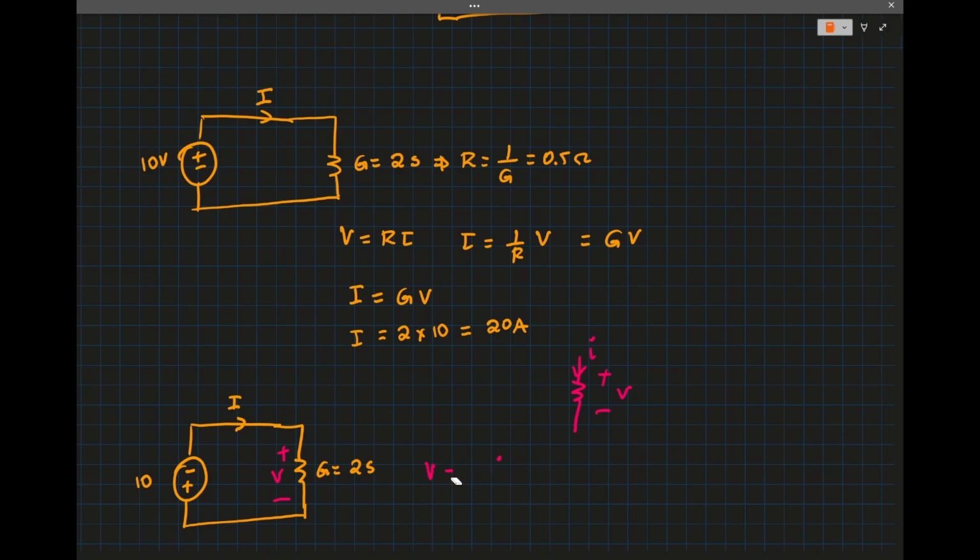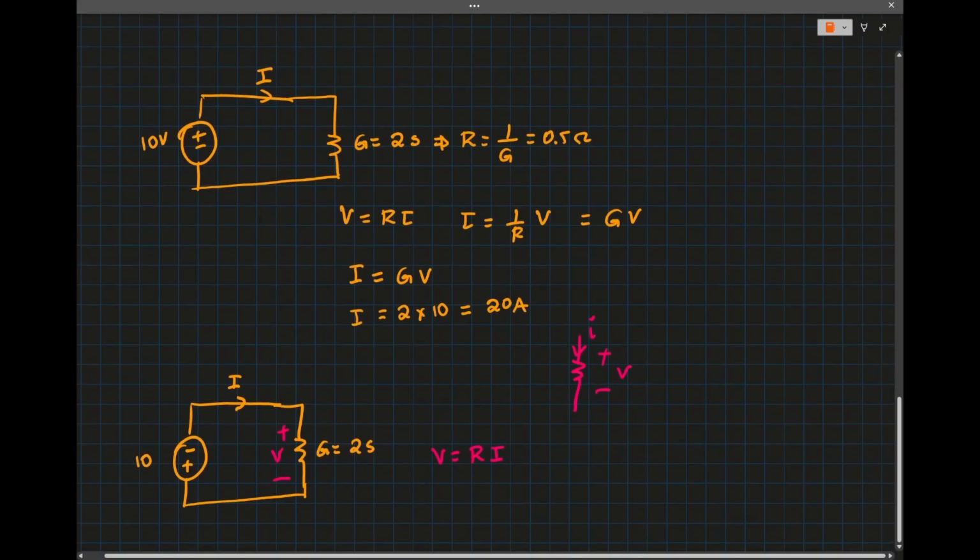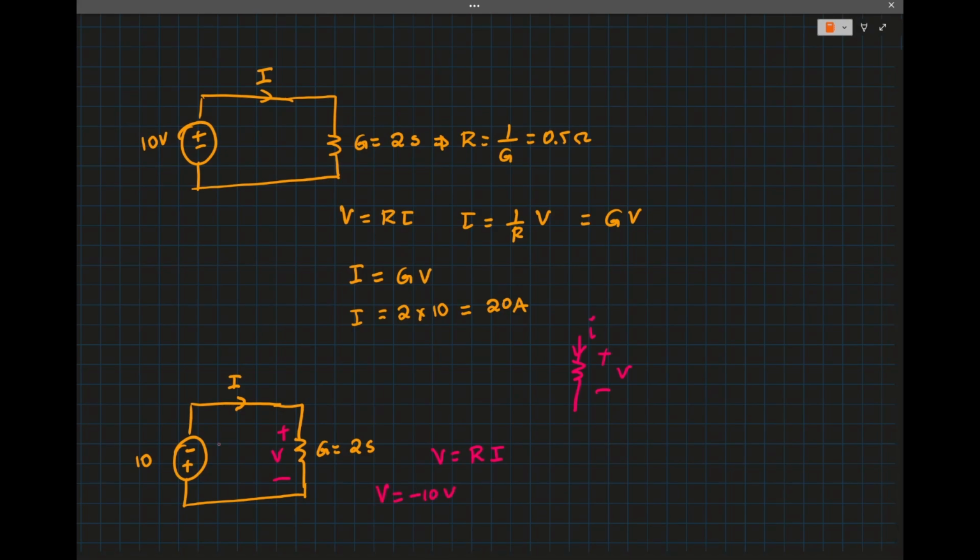I don't want to confuse you, but we could always write Ohm's law, V equals Ri, but the voltage here is negative 10 volts, since this element is in parallel, so the voltage here will be negative 10 volts. So we could write negative 10 equals Ri.